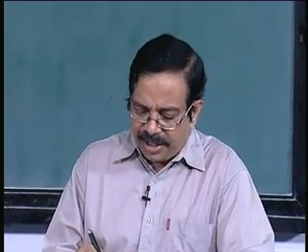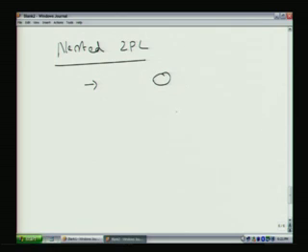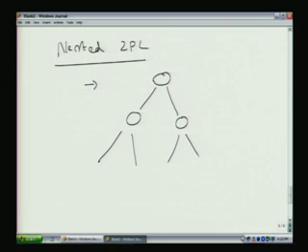Okay. Now, we can see why this simple nested 2PL will ensure serializability by looking at intuitively what is happening here. If you see that there are two branches of the tree and there is a lock acquired by any of these children, there is now an inherent serializability at the higher level.